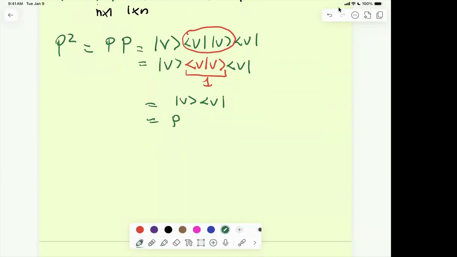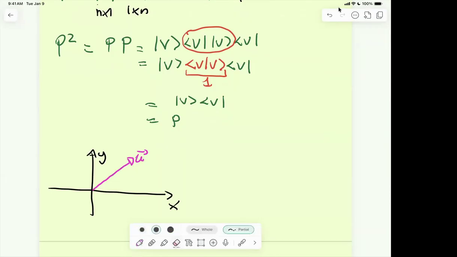Oh, here's a very silly example. Just start with something very basic. Should I start with the formula or with the picture? Let's start with the picture first, and then I'll explain the formula.